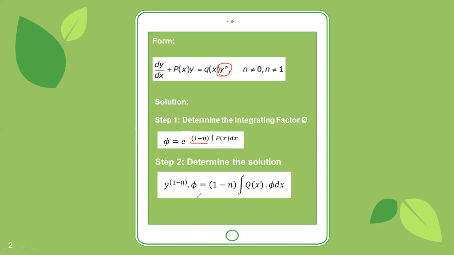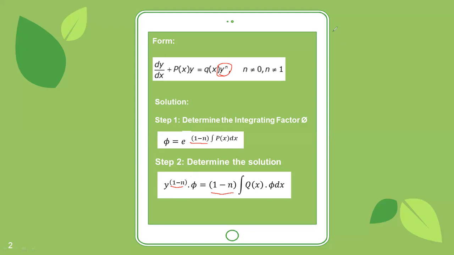The second step is to plug in the integrating factor and the rest of the expressions needed into the formula for the solution of your Bernoulli's equation. In your linear DE, you don't have this 1 minus n, but in Bernoulli's equation you have it. So the only difference in the solution of the two equations is the presence of the 1 minus n constant, for the integrating factor and for the solution.